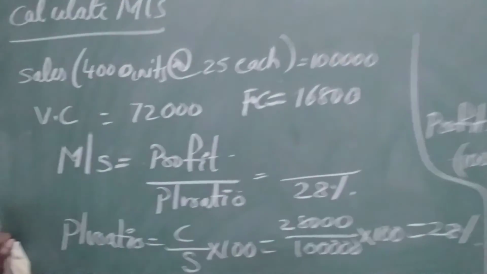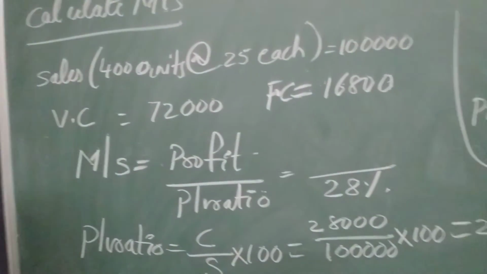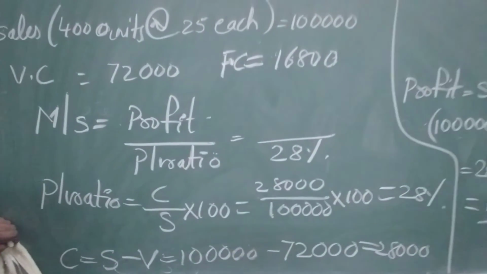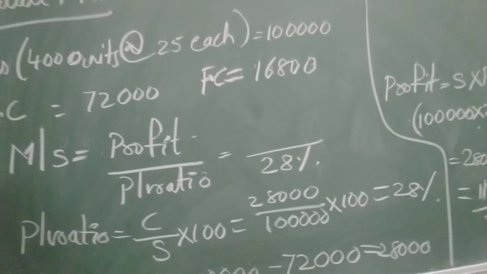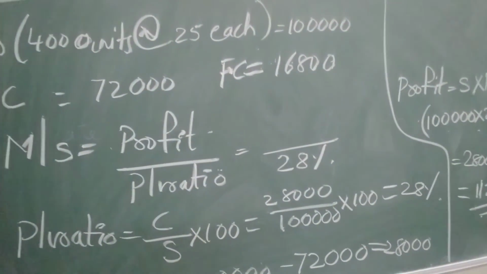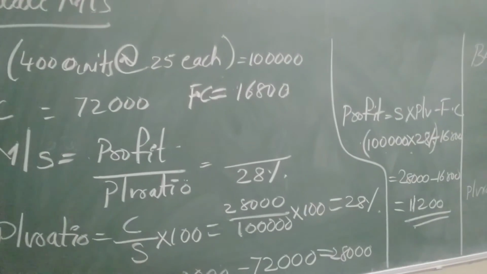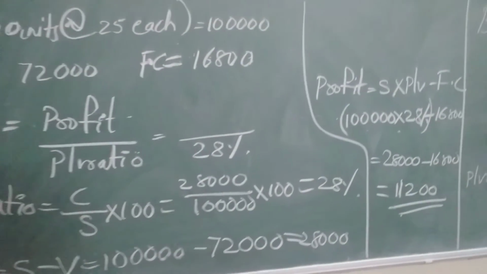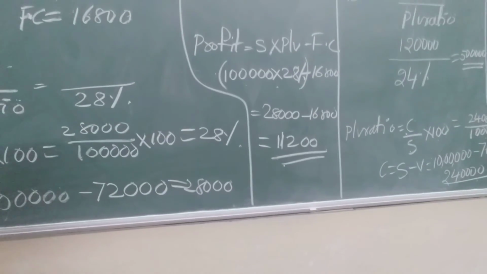Margin of safety: sales is given as units and per unit is given 25 each, and it is 1,00,000. Variable cost is 72,000, fixed cost is 16,800. You are able to see margin of safety formula. Margin of safety formula is given as profit by PV ratio. Okay, still the problem is pending.